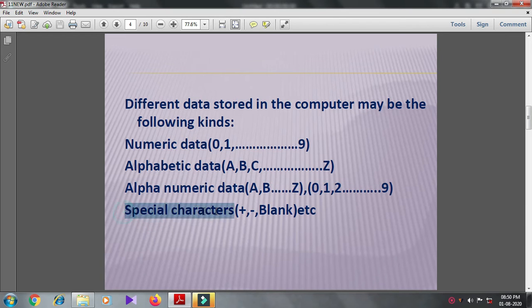Then special characters, plus, minus, slash, blank space etc. These kinds of data, be it alphabets, numbers, symbols, sound data or video data, are represented in terms of zeros and ones in the computer. Each symbol is represented as a unique combination of zeros and ones.